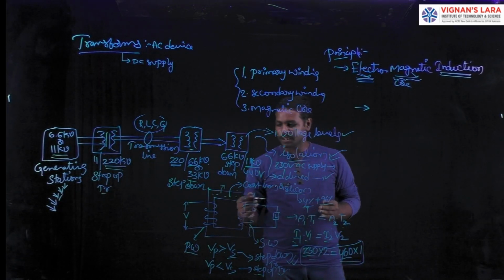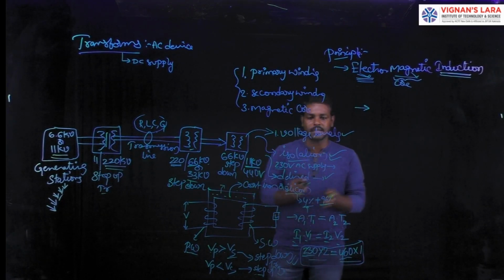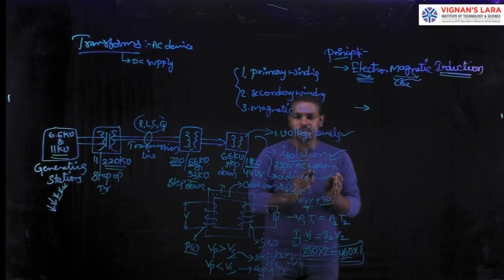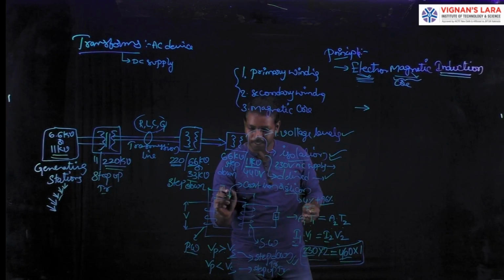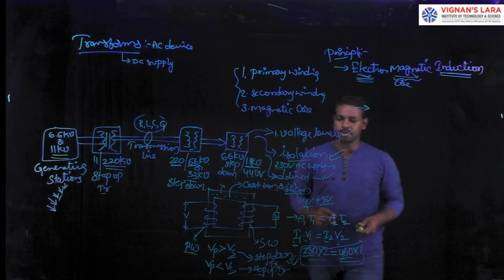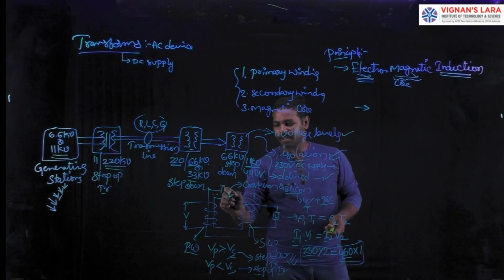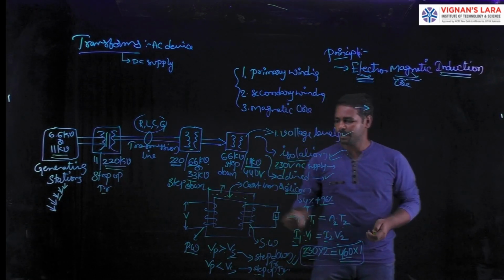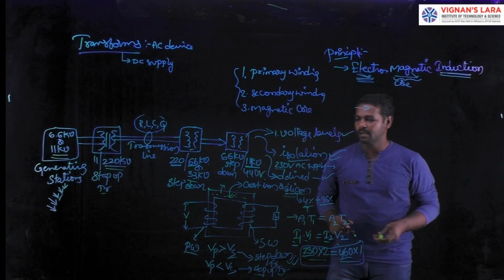Eddy current loss is reduced by using laminations, but hysteresis loss is reduced by using a special type of magnetic material with a small amount of hysteresis loss. Silicon steel is such a material, so the losses are very low. That is why we use silicon steel laminations.